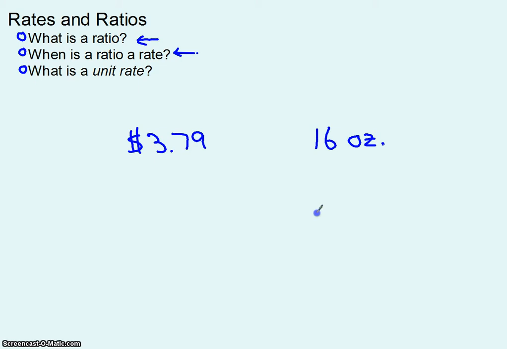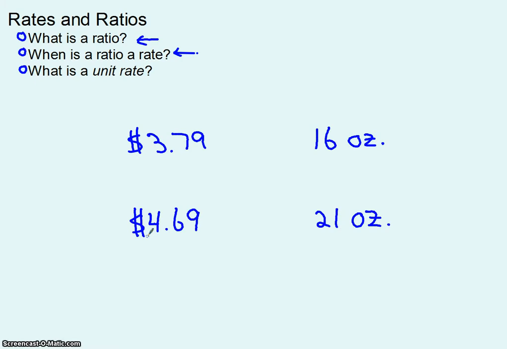If I'd like a bigger bottle, I can buy 21 ounces for $4.69. When I go to stores, I like to do comparison shopping, so I ask myself, which one is the better deal? It's kind of hard to compare those. It's hard to really see, yes, I got 5 more ounces for 90 more cents. Is that a great deal or not?